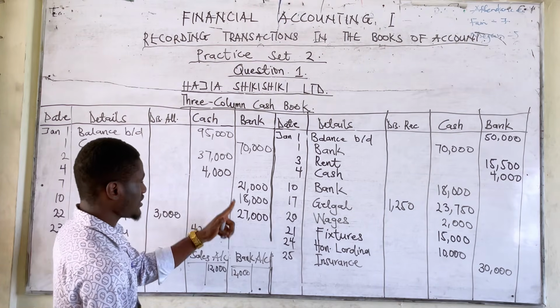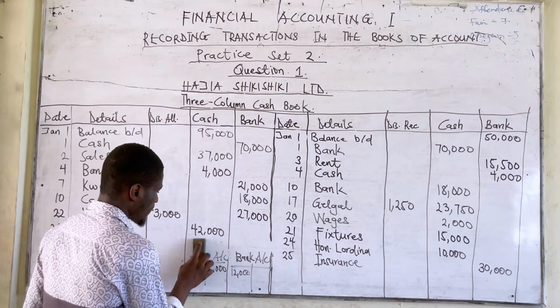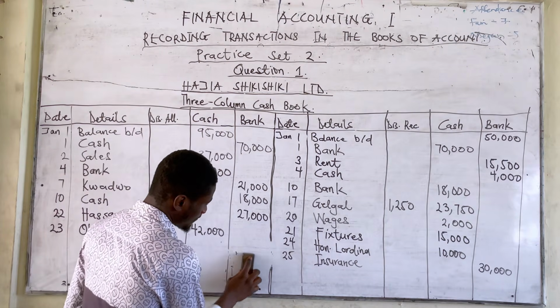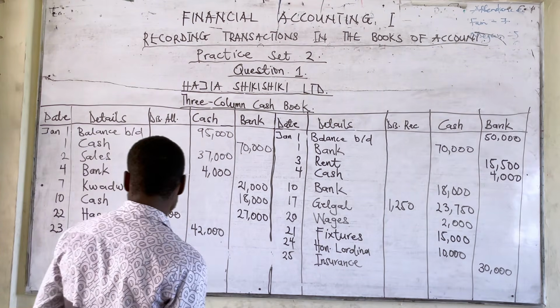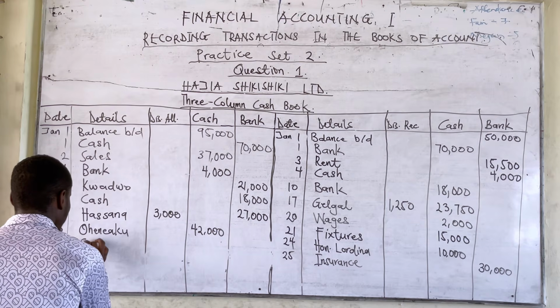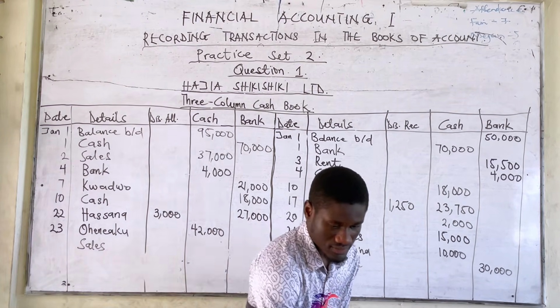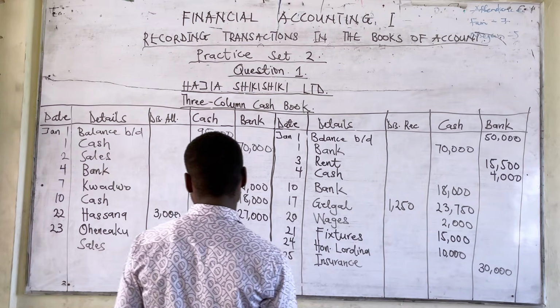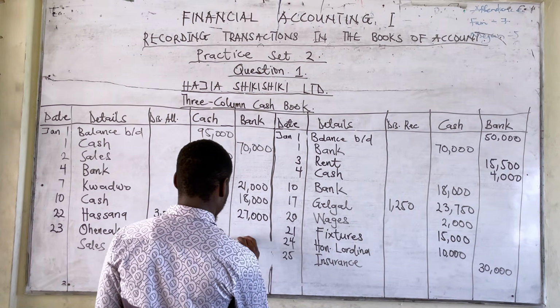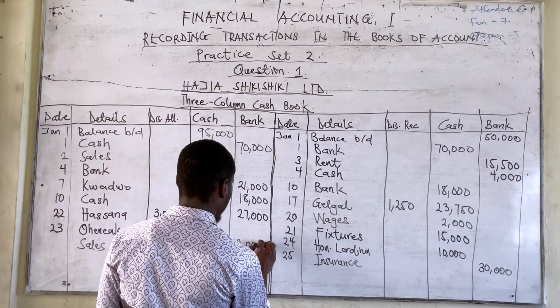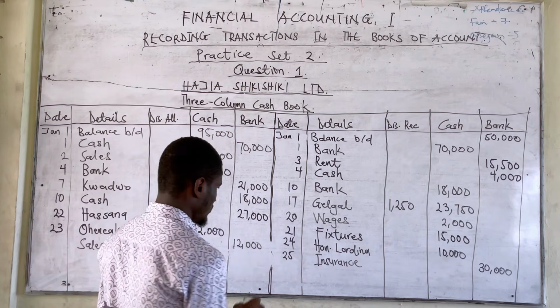Therefore, we are going to debit, in the name of sales. Good. So when we come here, sales, the amount is 12,000. Good.